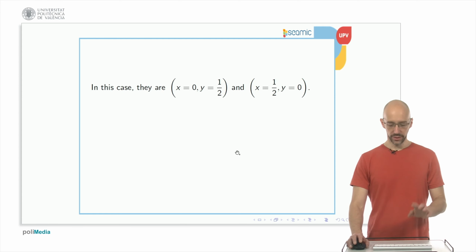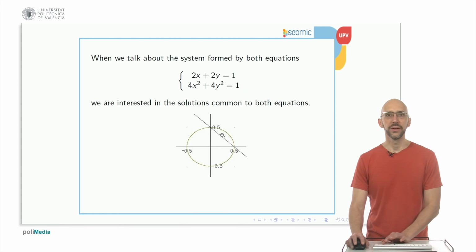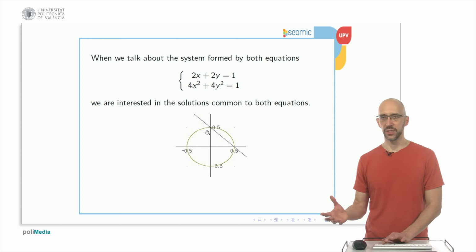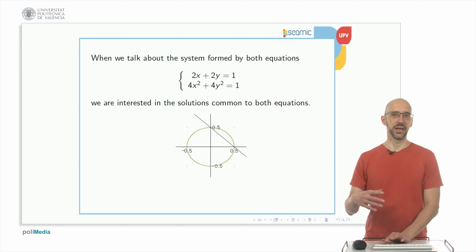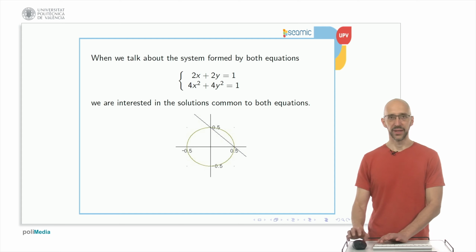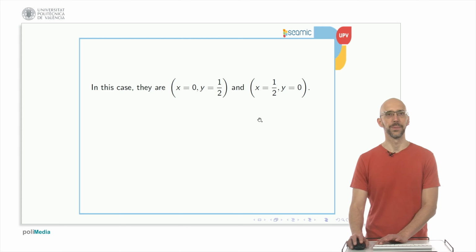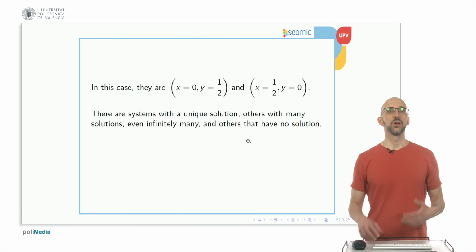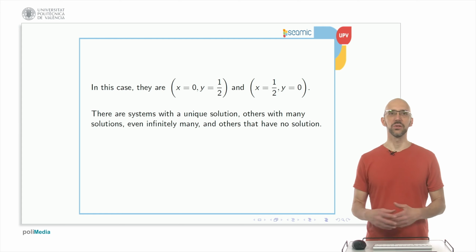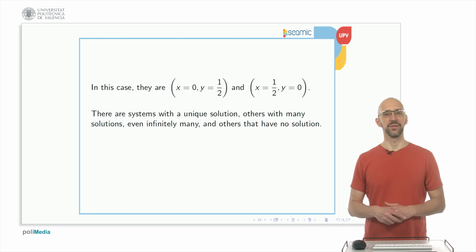In this case, by the way, the points in the representation are very easy to see, but calculating them is a little bit more complicated. In the representation, as you can see, the points are (0, 1/2) and (1/2, 0). Those are the solutions that you obtain here. So there are systems with a unique solution, others with infinitely many solutions, and others that don't have any solution.